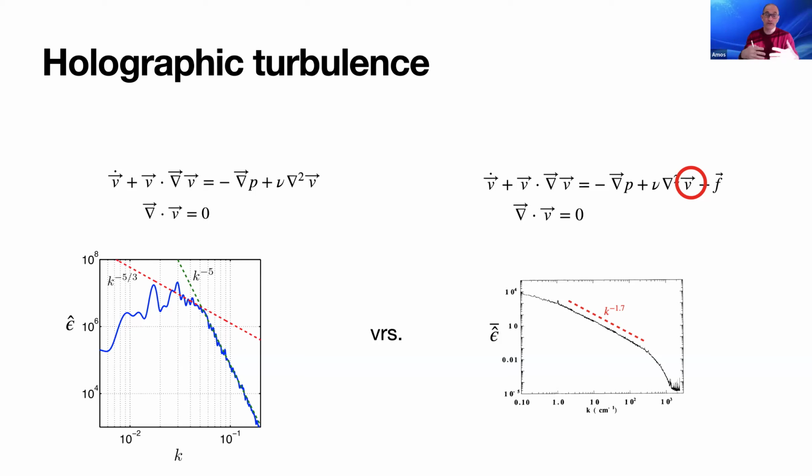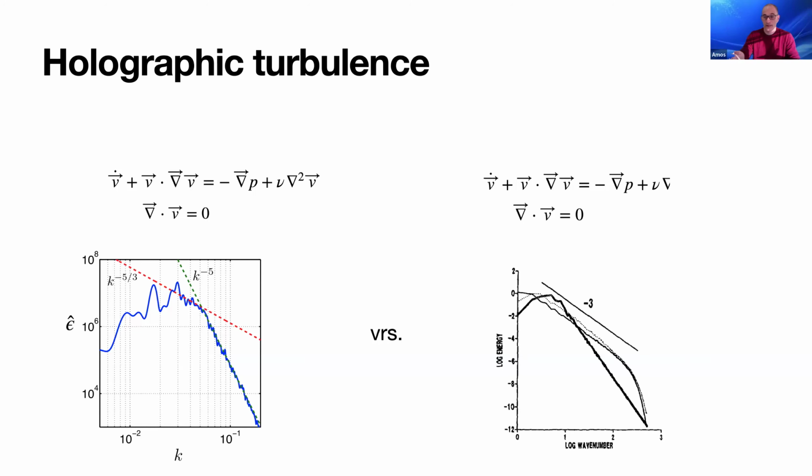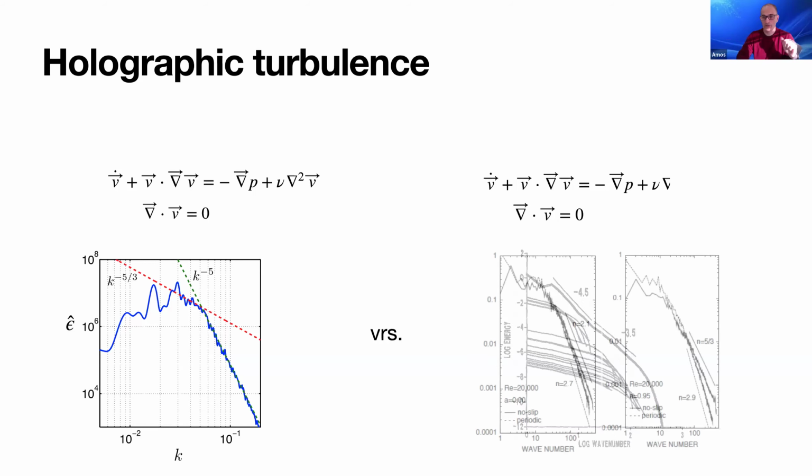The problem with decaying turbulence is that it's decaying, it's time dependent. So the power law behavior that you get is going to depend on your initial conditions in a strong sense. Here you can get a minus 3 power law. This is for decaying turbulence. You can get other types of power law behavior.